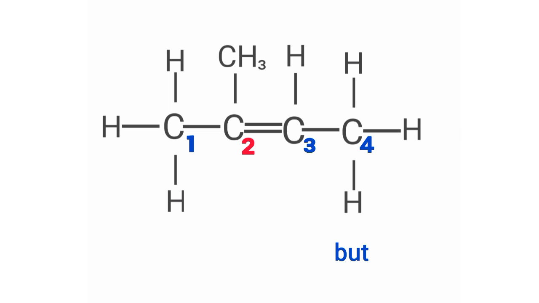So the parent chain name would be but-2-ene. Now, let's identify the substituents and the location. On carbon 2, we have a methyl group. So that will be 2-methyl but-2-ene. So the name of that compound is 2-methylbut-2-ene.